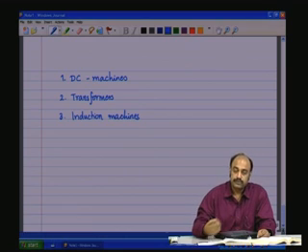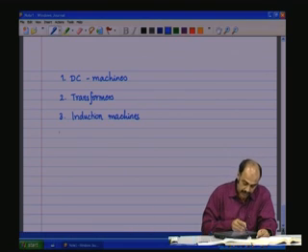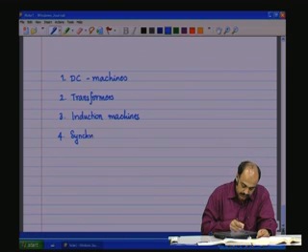So one can think of a lot of these projects in these directions, and of course the fourth one, a simple project on a synchronous machine.